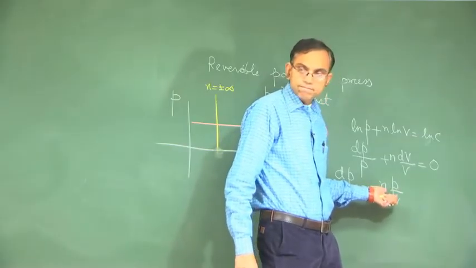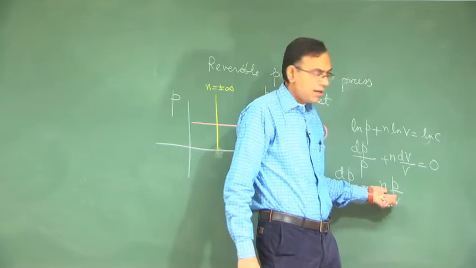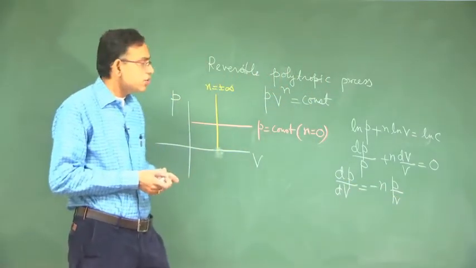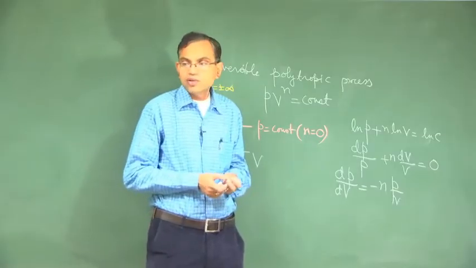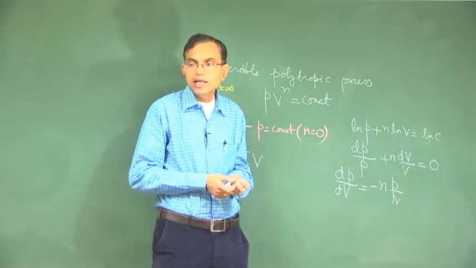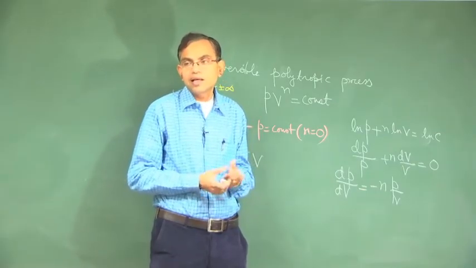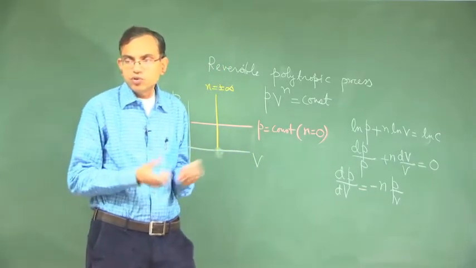n is positive. When we are talking, n could actually be anything, but when we compare isothermal for an ideal gas and adiabatic for an ideal gas, in one case n is 1, in another case n is Cp by Cv, both of which are positive.